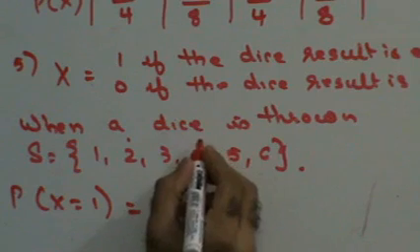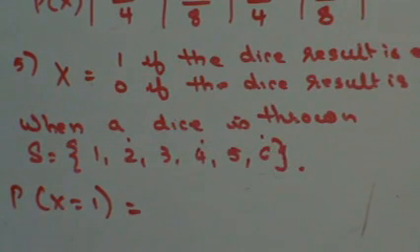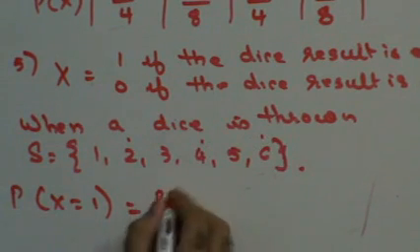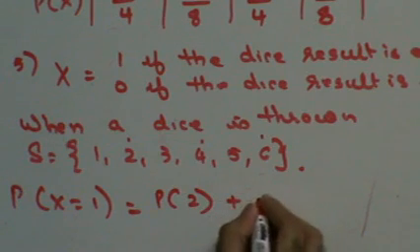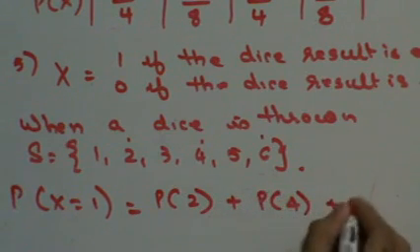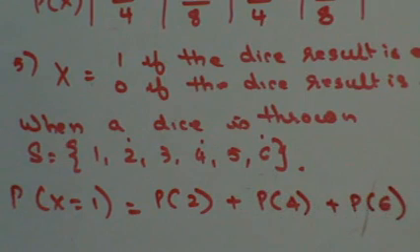Now which are the even numbers here? 2, 4 and 6. So random variable X will be 1 if probability of 2, probability of 4 and probability of 6. These are the 3 even numbers.